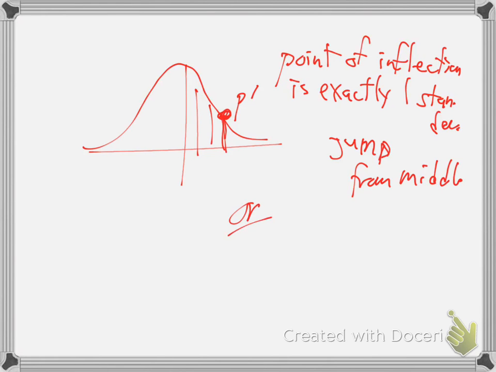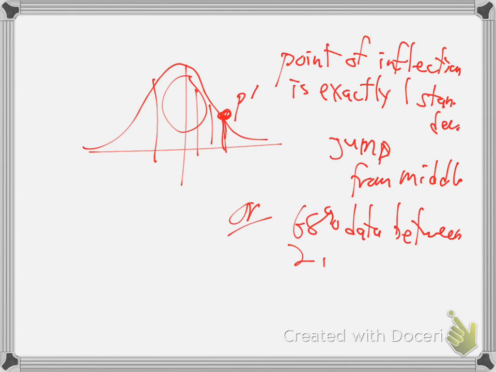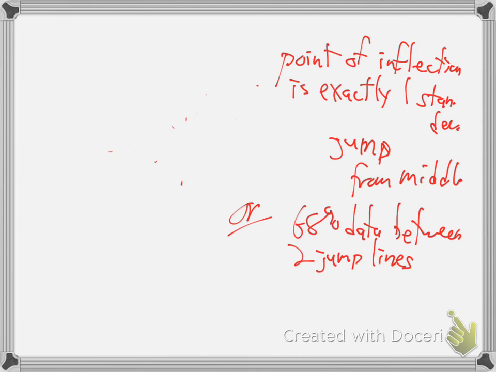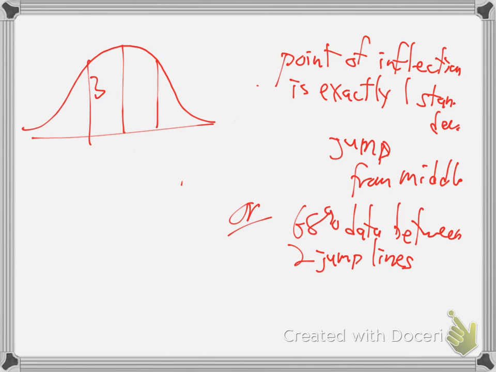Or they can tell you that 68% of the data is between the two jump lines, because that means it's exactly one jump to the right and one jump to the left, remember? Remember when I drew the curve a minute ago? And I said there's the middle, and the first jump right and the first jump left always have 34, 34.